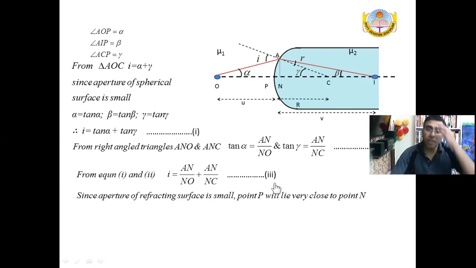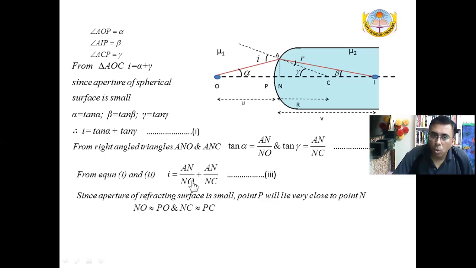Now, since the aperture of the refracting surface is small and point P lies very, very close to point N, that is, P and N, as we had discussed earlier, are very, very close to each other. Therefore, I can write NO as PO and NC as PC. That is, this distance NO would almost be equal to PO, and this distance NC will be almost equal to PC.